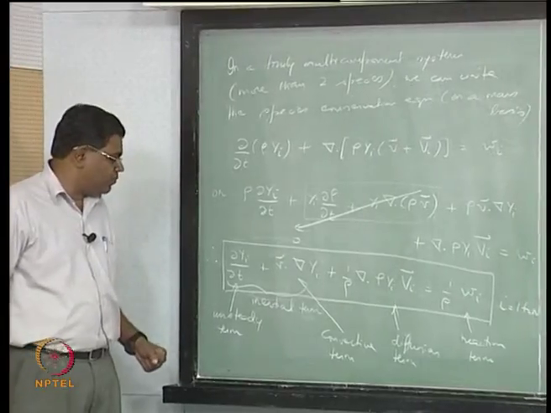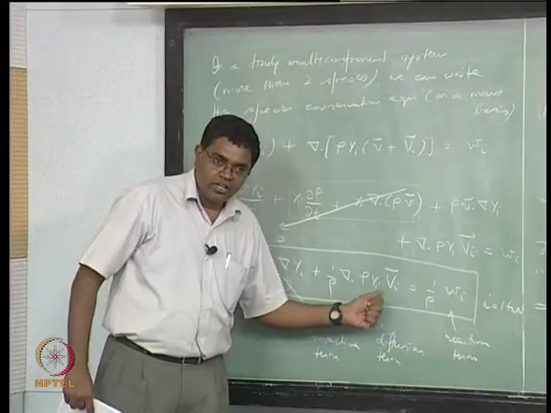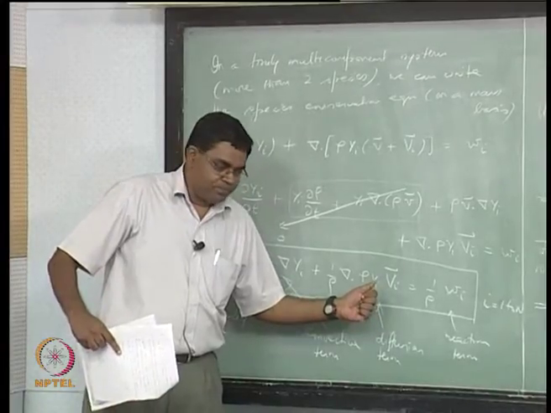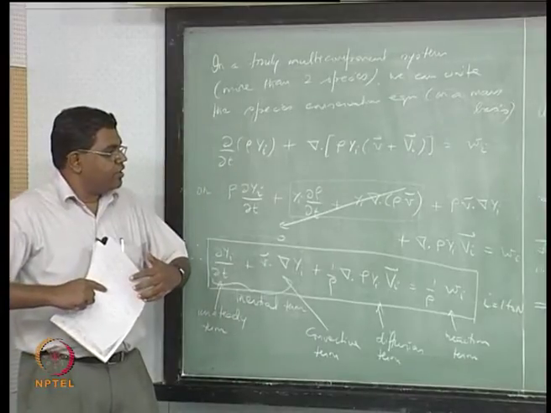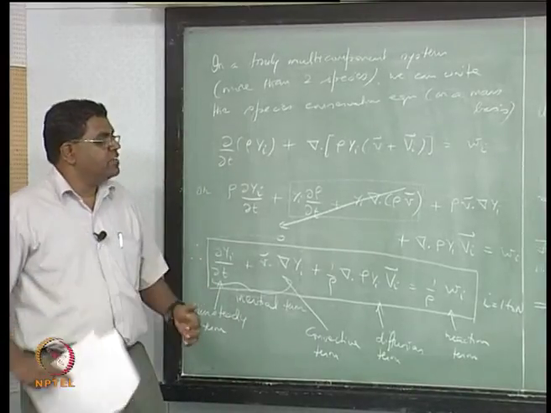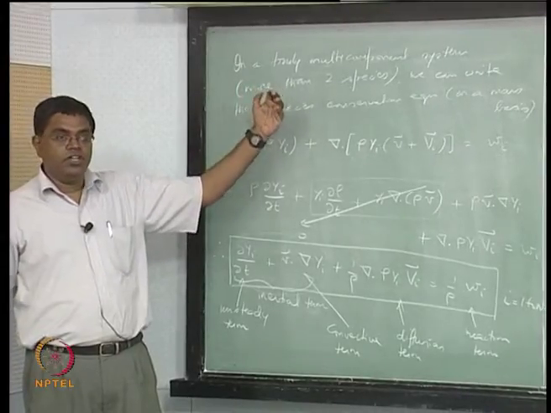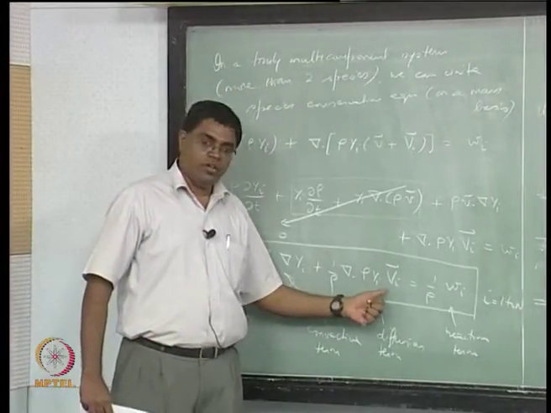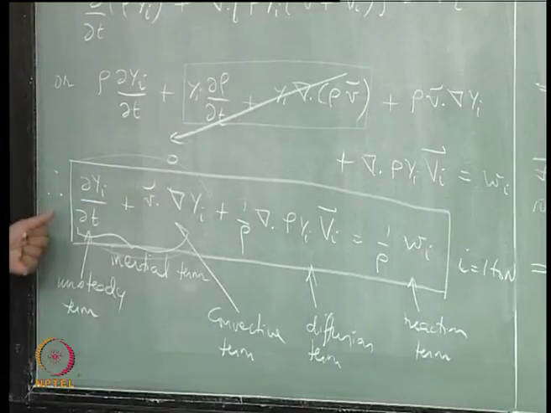And then the next problem that we have is we have to start looking at a much more generalized version of Fick's law for a truly multi-component system that tries to relate your Vi to Yi, okay.